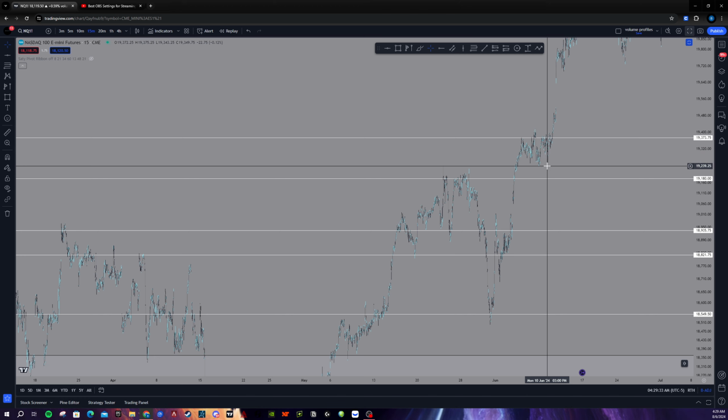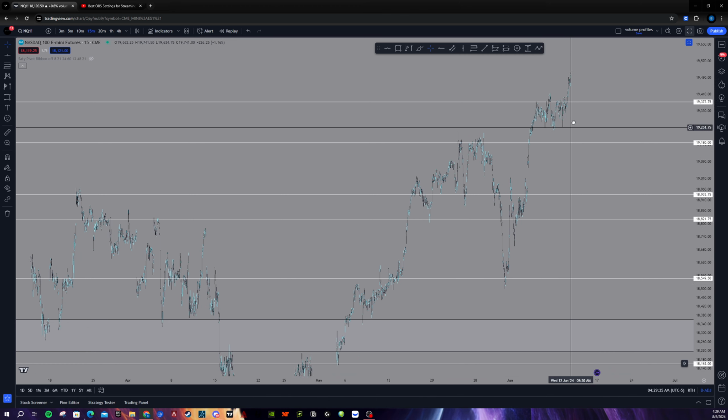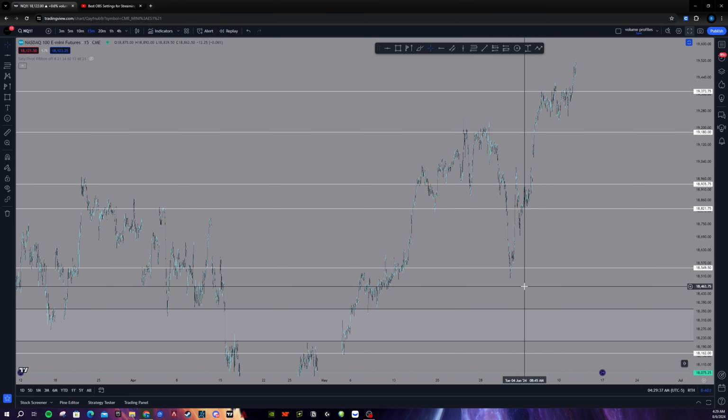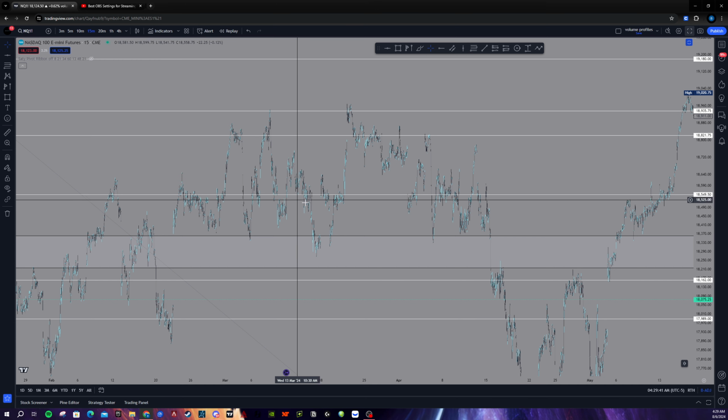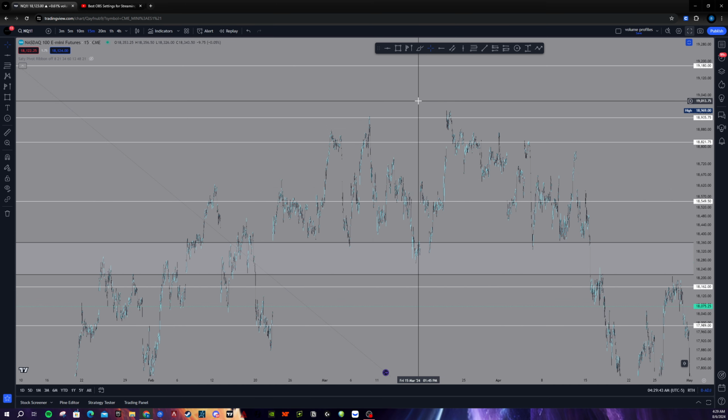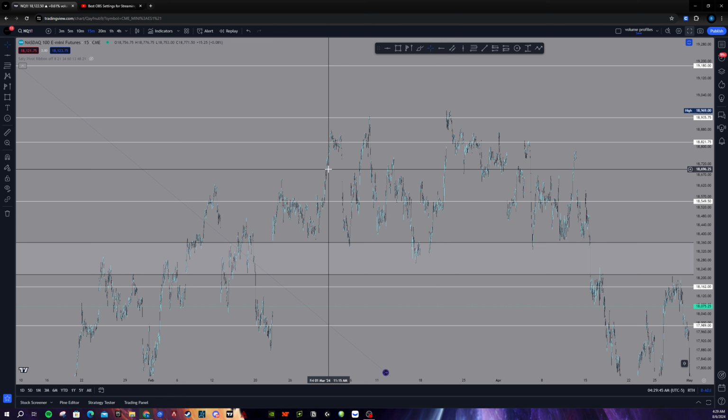We are drawn towards this as we can't break down. We're drawn towards this as we can't break down. We're drawn towards these levels as we can't break down or we can't break up, and so forth. That is what HVNs, high volume nodes, volume profiles are going to do.